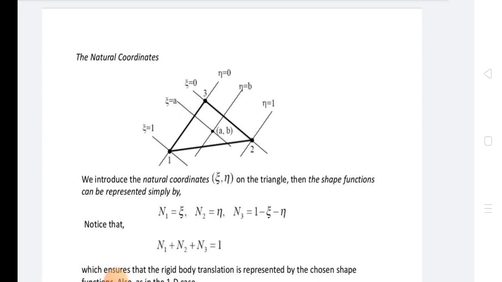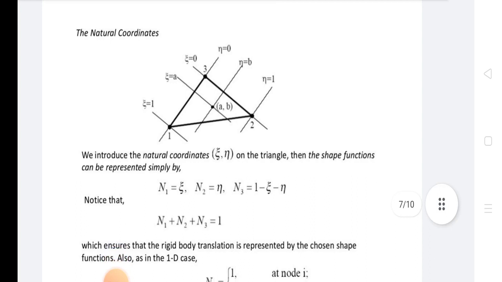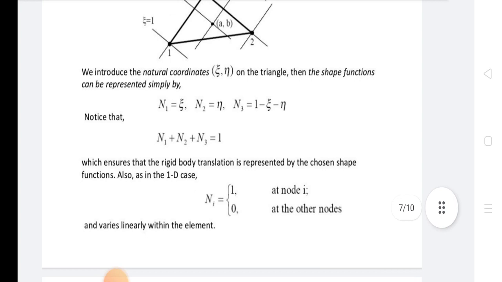We introduce the natural coordinate system zeta and eta on the triangle, then the shape functions can be represented simply by N1 is equal to zeta, N2 is equal to eta, N3 is equal to 1 minus zeta minus eta. So it is noticed that N1 plus N2 plus N3 is equal to 1, which ensures that the rigid body translation is represented by the chosen shape functions.